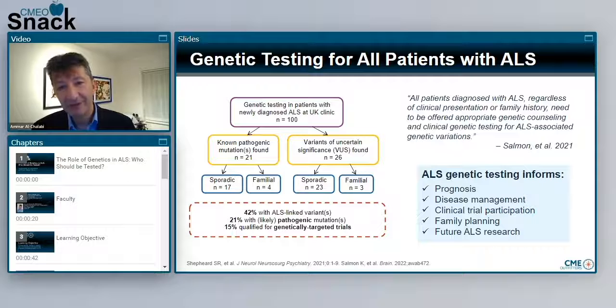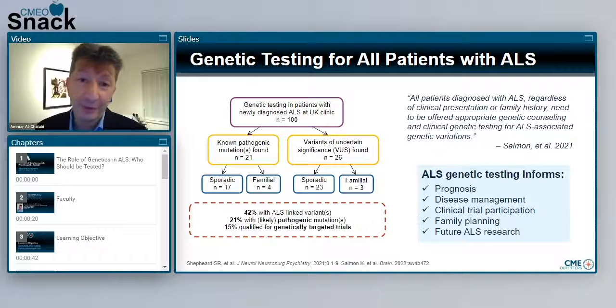But yes, these variants of uncertain significance are extremely difficult to explain and to deal with, and even to identify, because there's no good way of predicting if a variant is going to be pathogenic, is going to be disease-causing or not. There are no good prediction programs that will take that gene sequence and say, well, it'll make a protein that looks like this, and therefore that's going to be disease-causing or not.